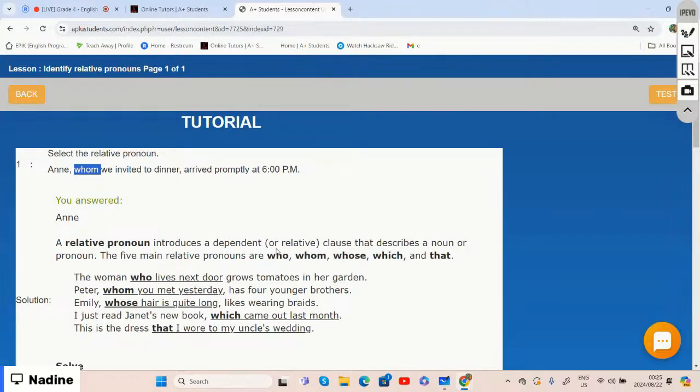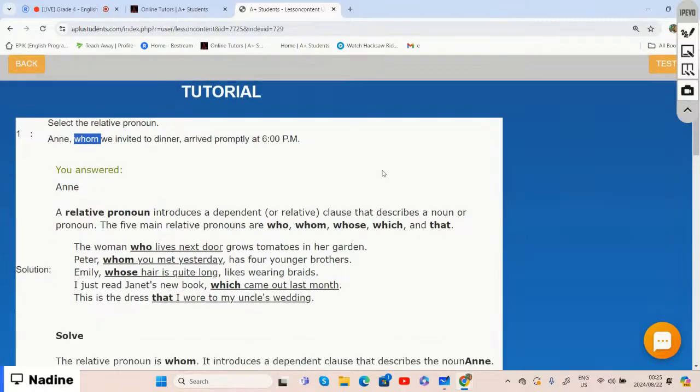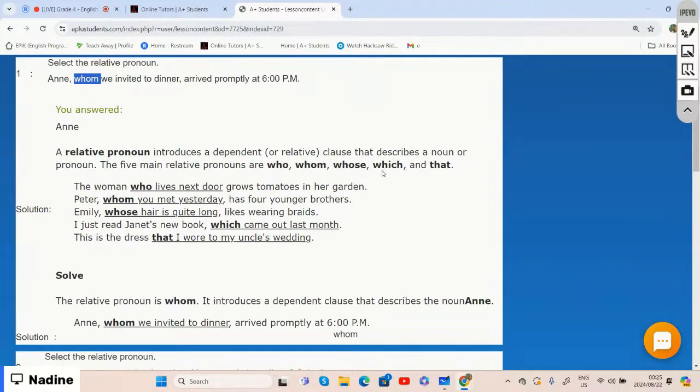Because now it says, and whom we invited to dinner. You don't say, and who we invited. You say, whom we invited, arrived promptly at 6 p.m. So whom, yes, is our correct answer.